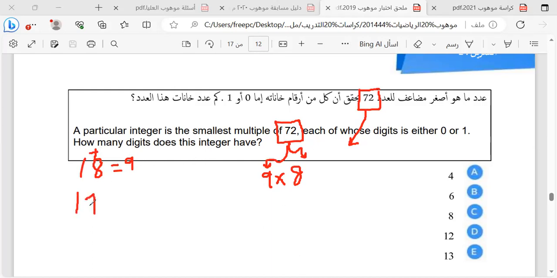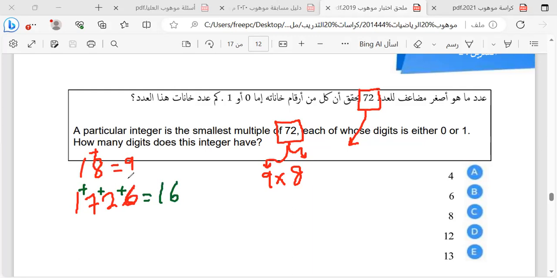Okay, now, when 7, 2, and 6. So when asked, is it divisible by 9? We add the digits. Look, 1 plus 7 plus 2 plus 6.